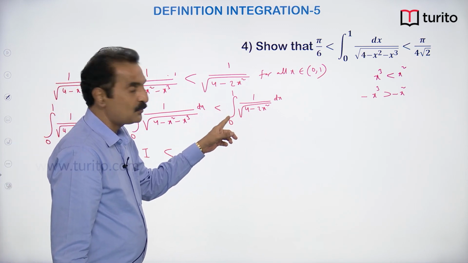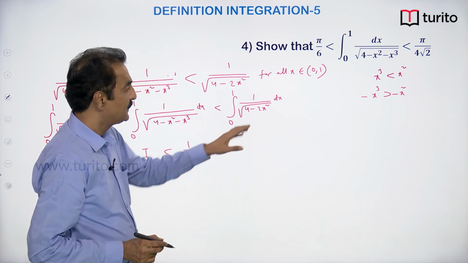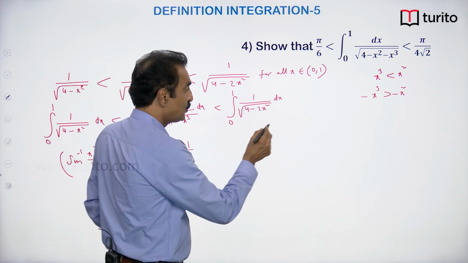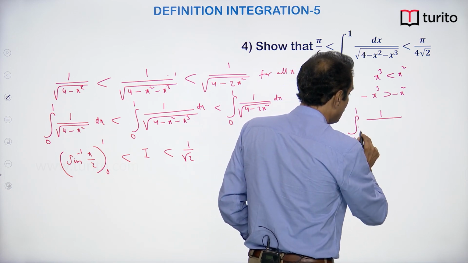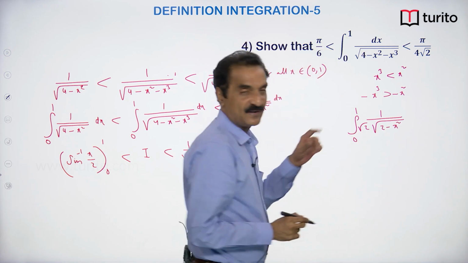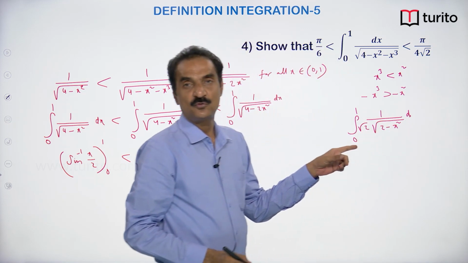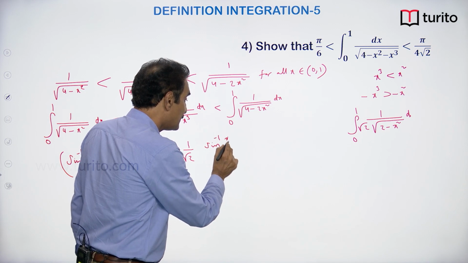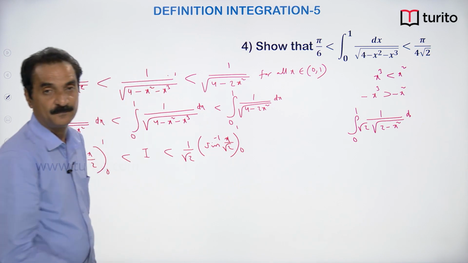if you take root 2 common from the denominator, you will get 1 by root 2 into, what is the remaining? Root over 2 minus x square dx. What is the integral of 1 by root over 2 minus x square? Sin inverse x by root 2 between limits 0 and 1.